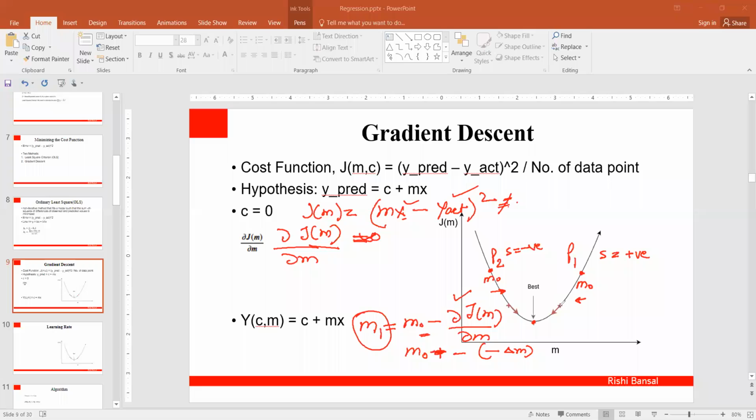Now, suppose we take the first case, P1. This is m naught. I want something to be minus from this value so that I will start moving towards left, right? Everyone agrees? Anyone have a problem? Please raise your voice.